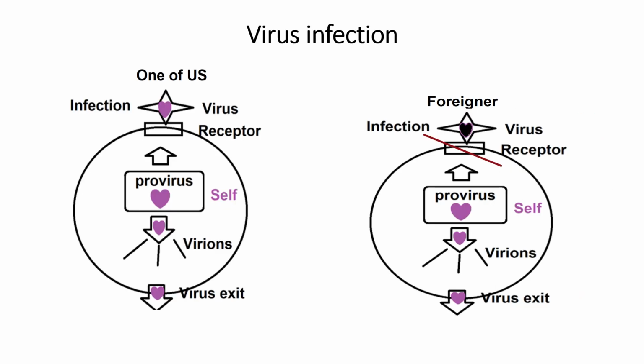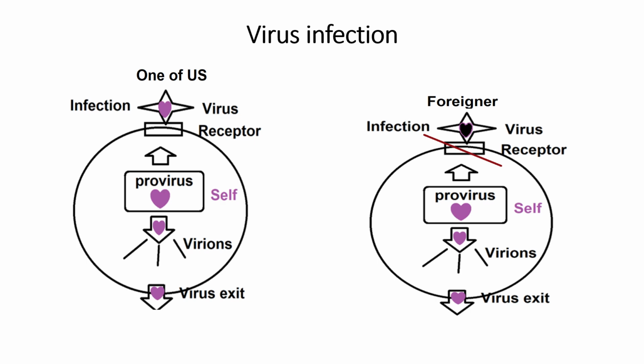So let's look at two kinds of virus infection. So this is a virus which infects a cell, or here we are talking about a phage which infects the prokaryote.